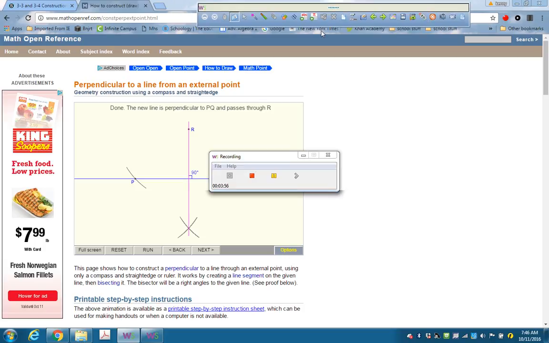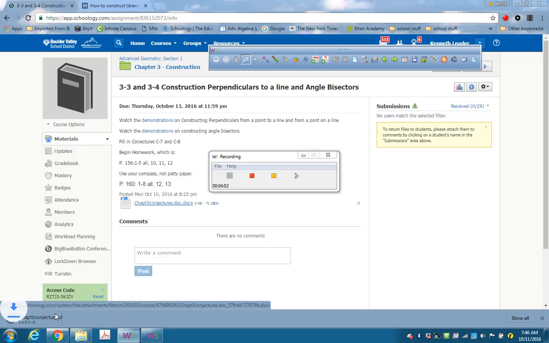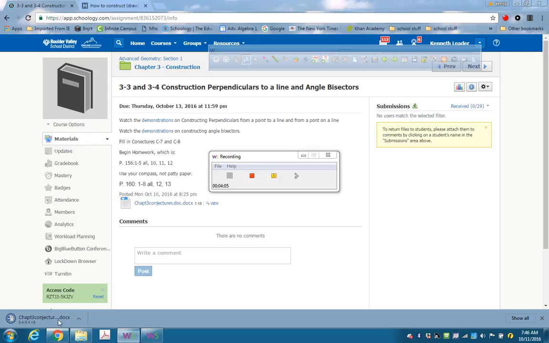Okay, so if I go back to my Schoology, and over here I put your conjecture sheet. Anyone not have the conjecture sheet that I gave you the other day? Anyone need that? There are conjectures from this chapter. Let me find it. Anyone else need that? It's green. Looks like that. Okay.